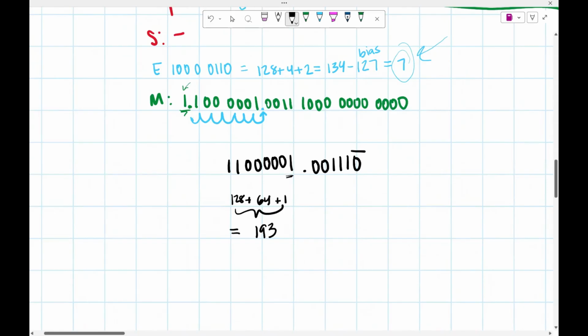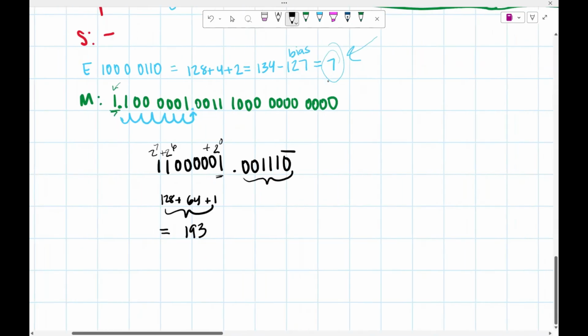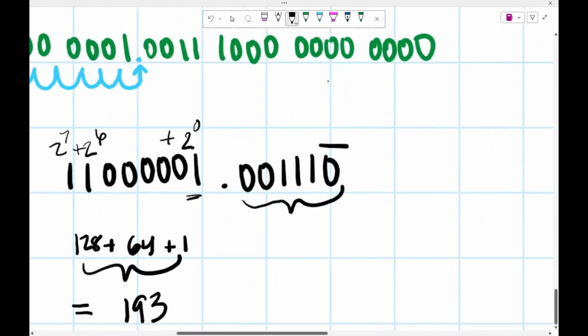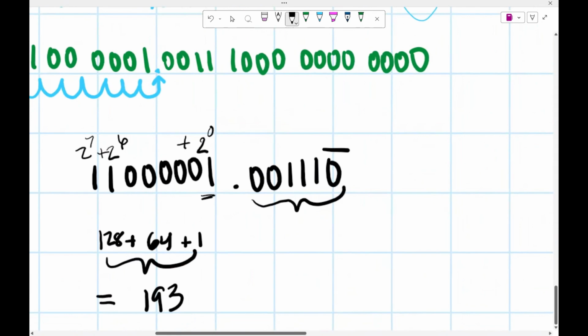Okay, and now for this part. When we're adding these, on the whole number side, all we're doing is keeping track of its position and adding those positions together. This would be 0, 1, 2, 3, 4, 6, 7. But over here, instead of raising it to positive powers, we're going to raise it to negative powers.